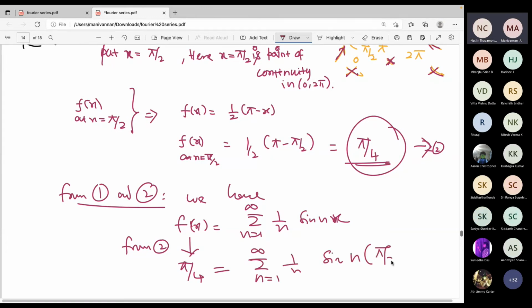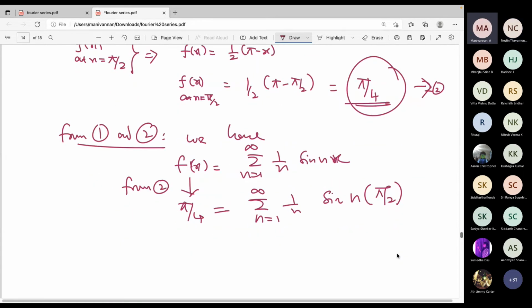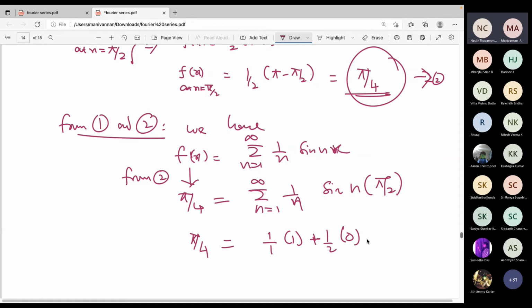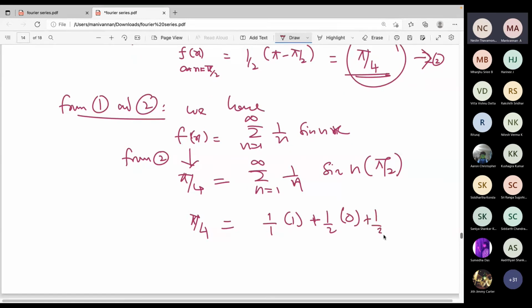On the right side we substitute n pi by 2. Now substitute n equals 1: it is 1 by 1, sine pi by 2 is 1. Now when n is 2, it is 0, am I right? Sine 3 pi by 2 is minus 1.